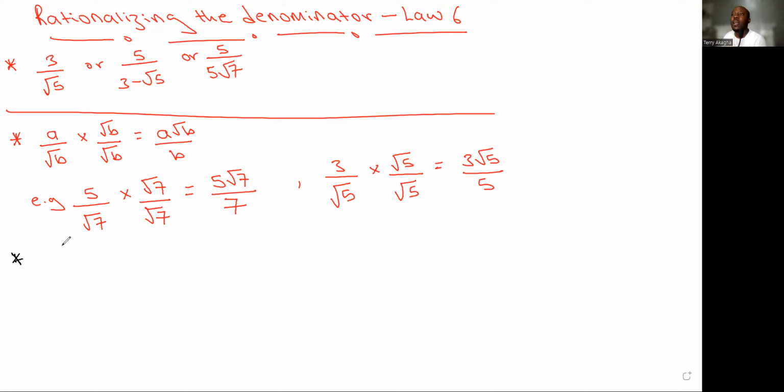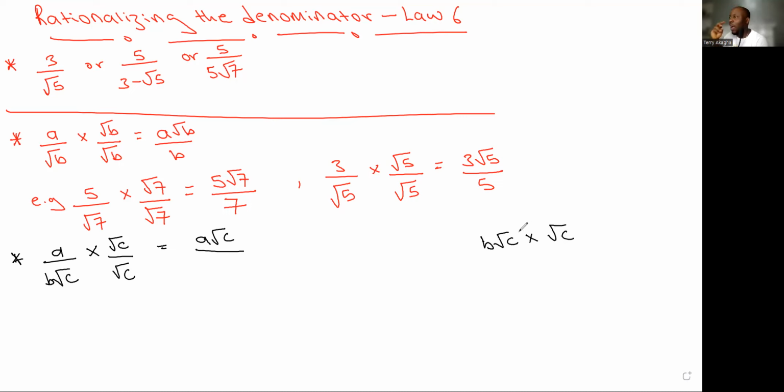If you have a mixed surd, we apply the same concept. So for instance, the next one, a over b root c. It's still the same thing. It's a mixed surd. You multiply both top and bottom by the surd itself, so you multiply by root c. That gives us a times root c, which is a root c, divided by b root c times root c.